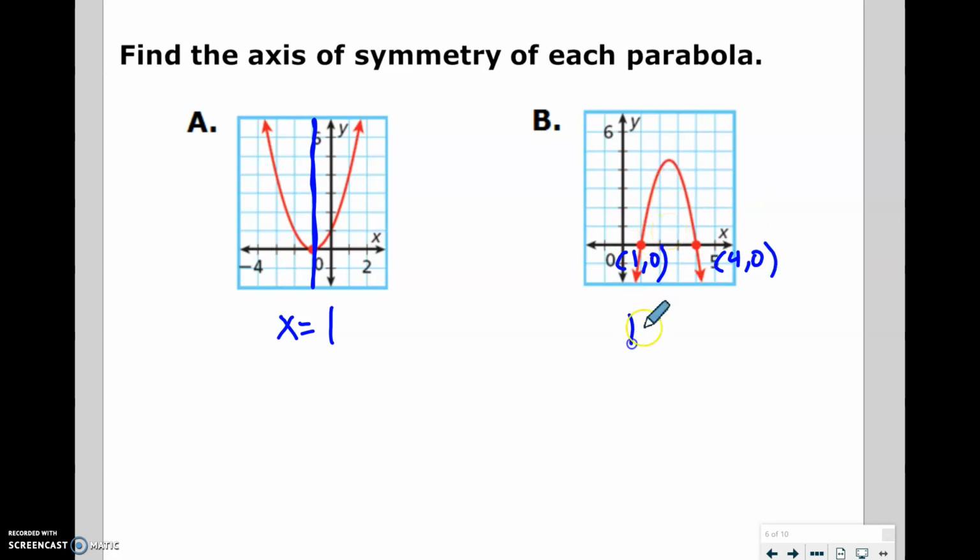If I use that average and go 1 plus 4, divided by 2, 5 divided by 2 would be 2.5. So that 2.5 goes through this vertex right there. There's my axis of symmetry on that parabola.